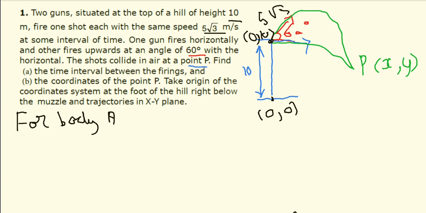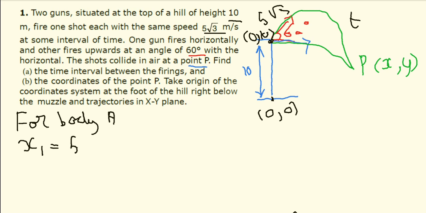So for body A, suppose after time t the first body A reaches point P. Its x coordinate, let it be x1, will be equal to, over here in the horizontal direction, since there is no acceleration horizontally, the velocity will remain constant.